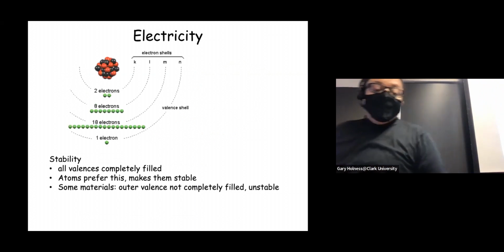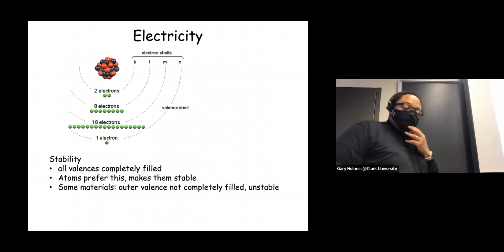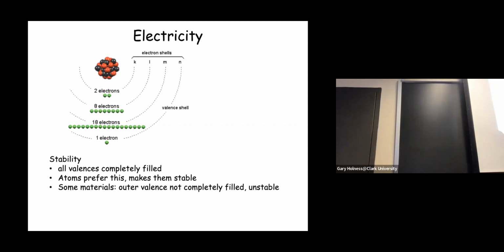So this idea of these orbitals is not arbitrary, and regardless of the substance, the preference is to have all of these valencies completely occupied, all the slots full. And so any substance for which all of its valencies are completely filled, those are stable.